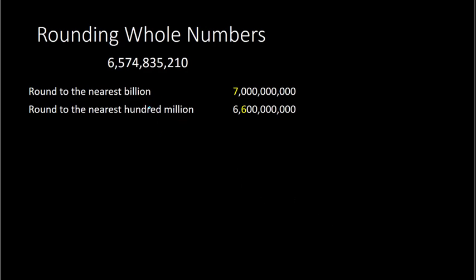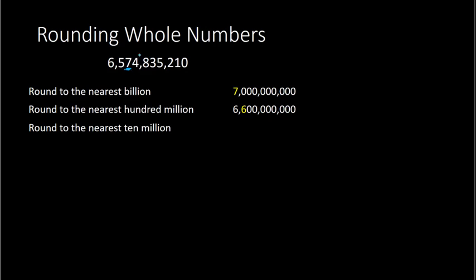I could continue, and I can round, if I wanted, to the nearest 10 million. So the 10 millionths place is right here. It's the 7, right? That's the 10 millionths place. So I'm asking, which 10 million is it closer to? Is it closer to 6,570 million, or 6,580 million?